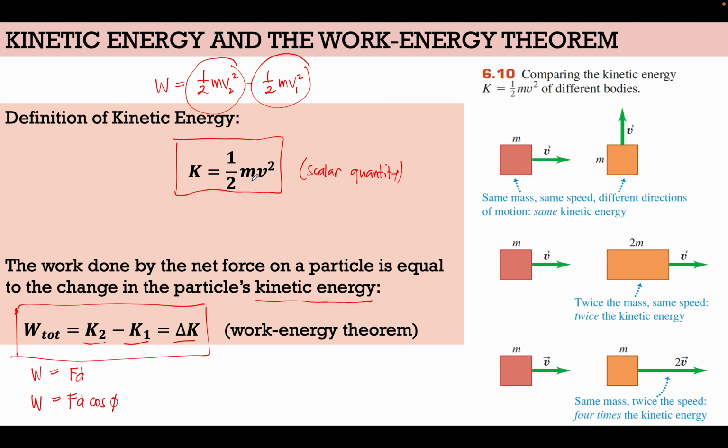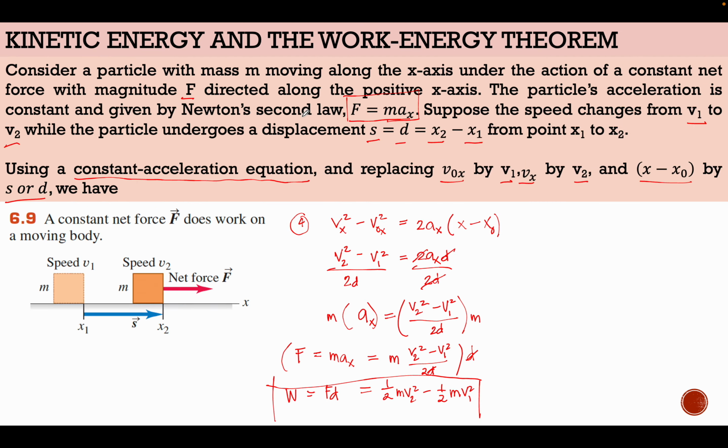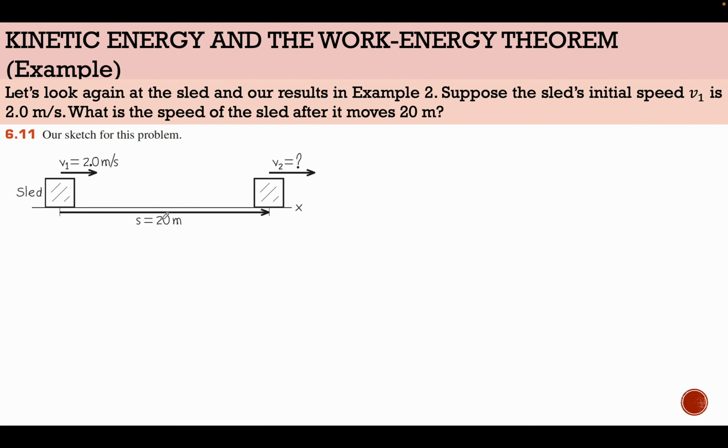Okay, so we have here an example. Let's look again at the sled and our results in example 2. So this is our example 2. Suppose the sled's initial speed, V1, is 2 meters per second.